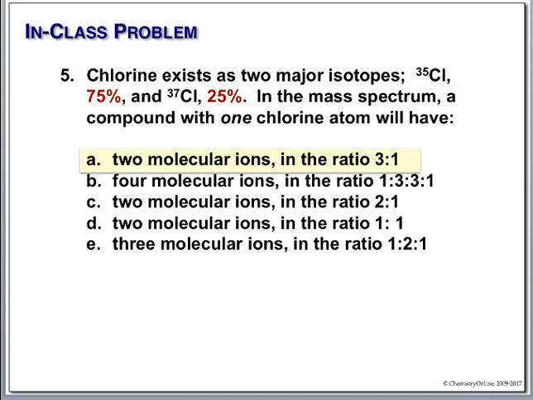For every 3 35s, you will have 1 37. Is that the case for bromine too, then? For bromine, because it's 50-50, you will have a 1 to 1. Fluorine is going to be 100%. Iodine, I don't remember. But chlorine and bromine are the classic ones.